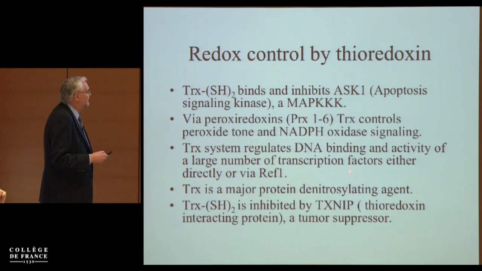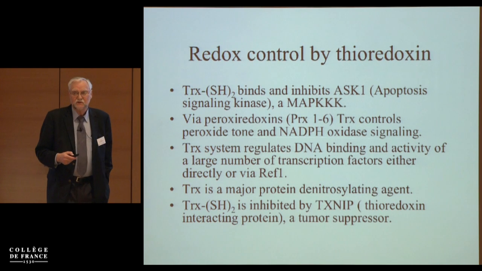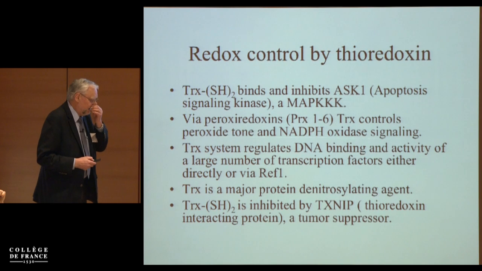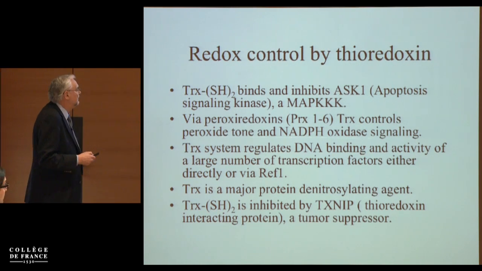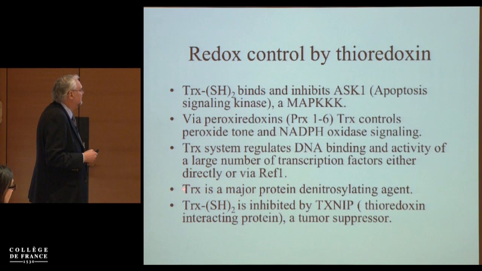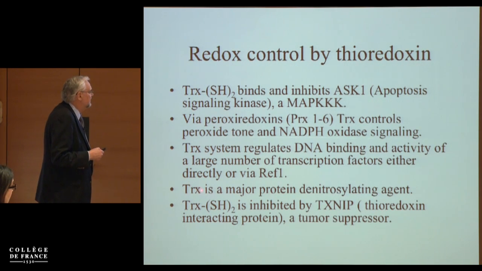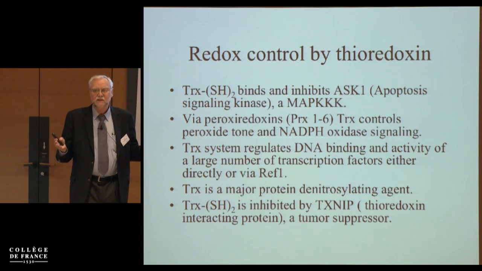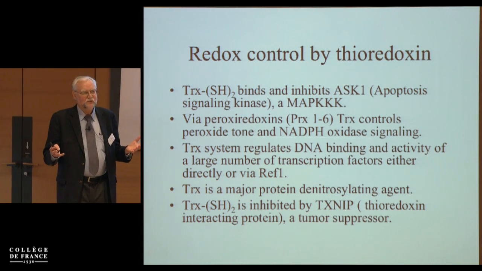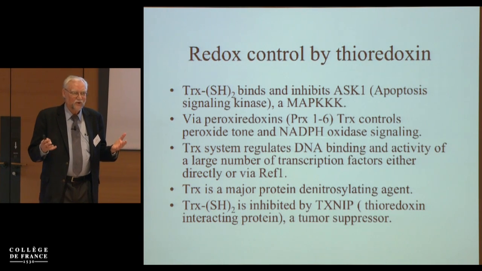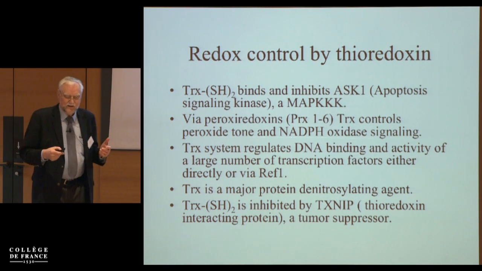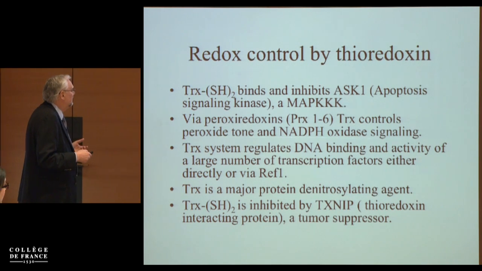DNA binding and activity of transcription factors is controlled by thioredoxin in the nucleus, and that is like NF-kappa B or AP1 and so on. NO nitrosylation is also controlled a lot by thioredoxin. In many ways, thioredoxin is the cell's DTT. DTT is, as many of you know, a rather strong and indiscriminate reductant, and thioredoxin is like that. Of course, it's much more sophisticated, and so on.